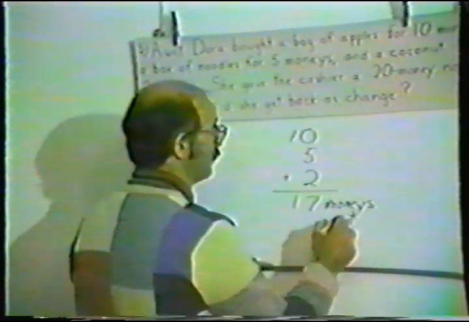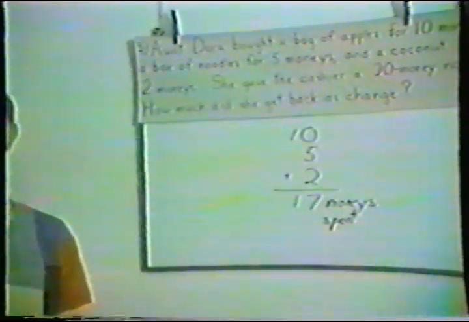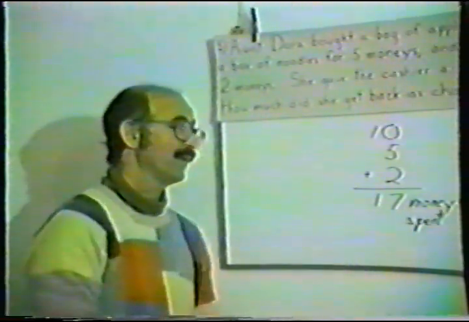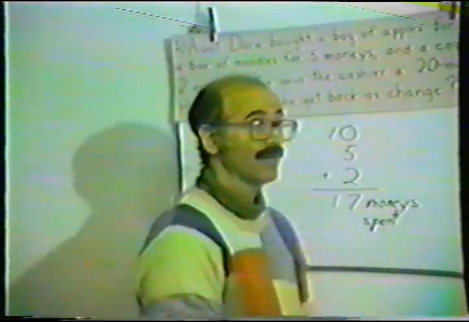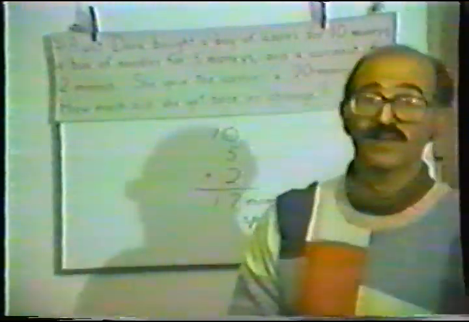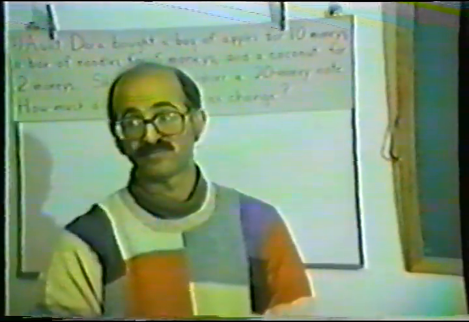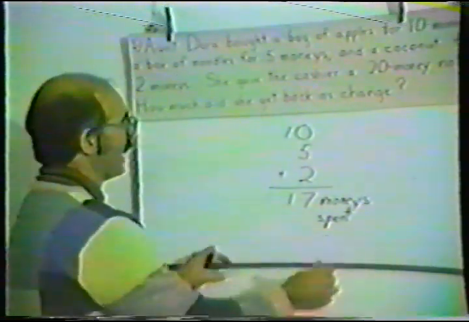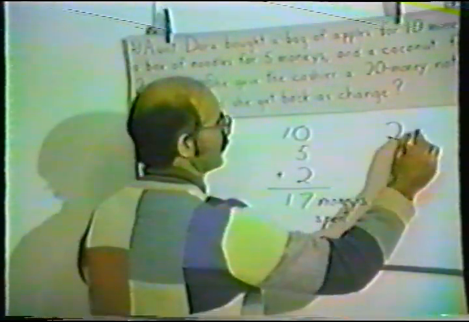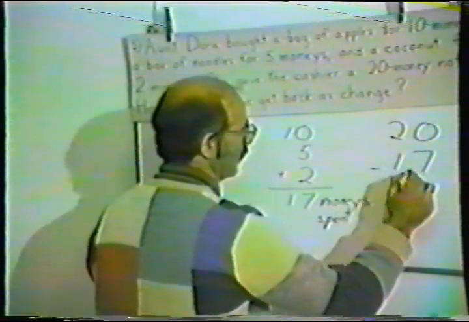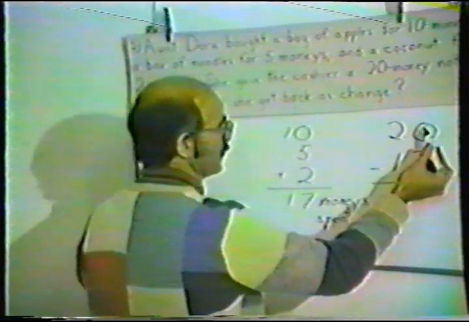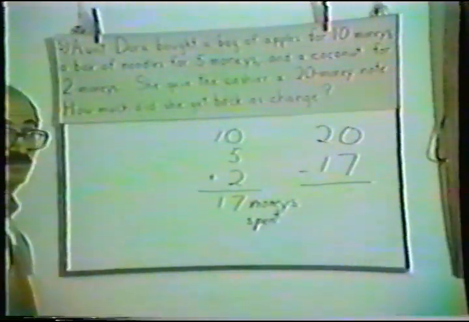But the problem says, how much change did we get back? Well, we gave her 20, but we only spent 17. What do we do with those two numbers, the 20 and the 17? Subtract. We had 20, we spent or used 17. 0 take away 7 is?